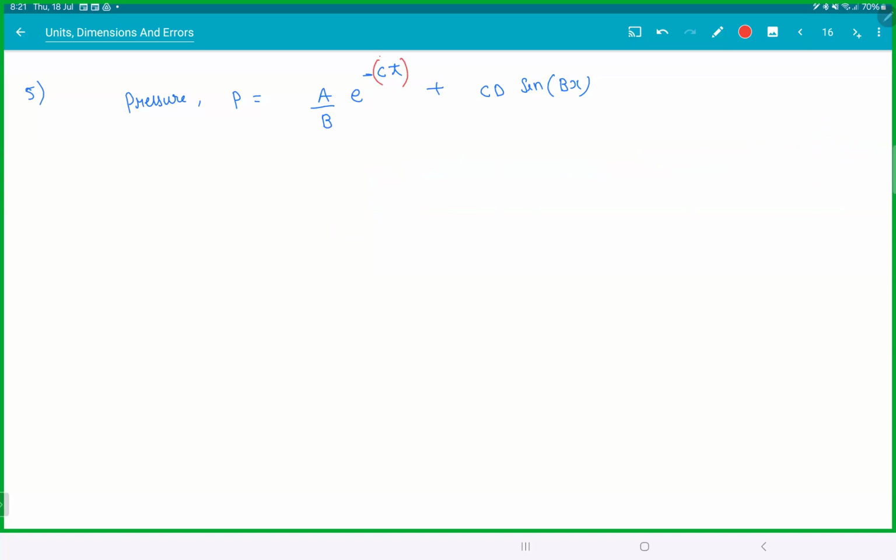So this guy here and this guy here should be dimensionless. So Bx must have no dimension.